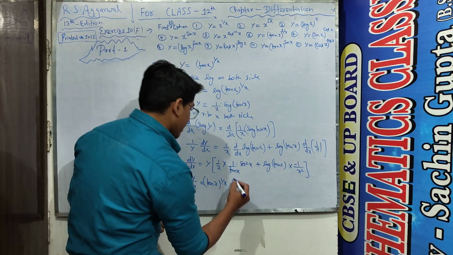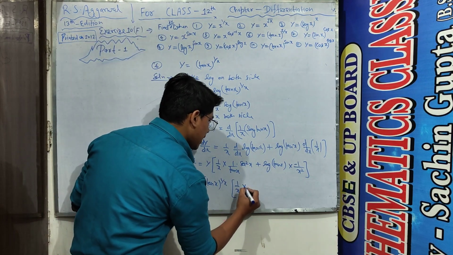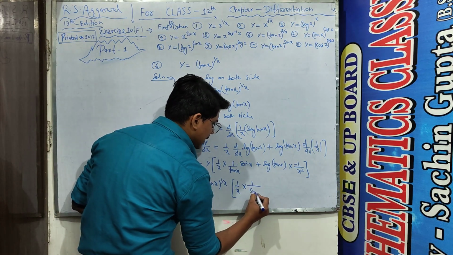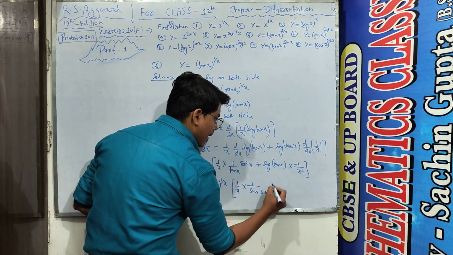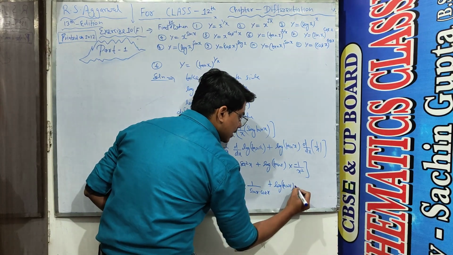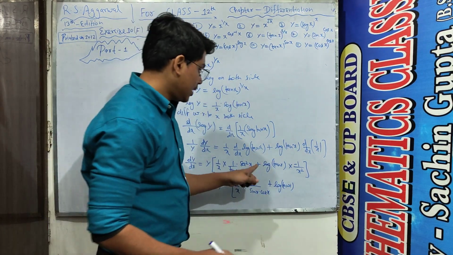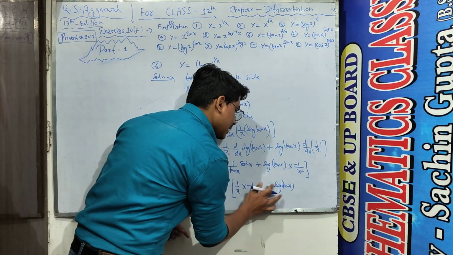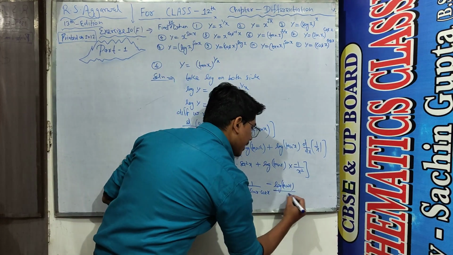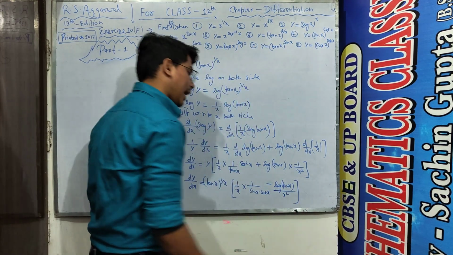So I write 1 upon x here, and here sine x into cos x, and this log tan x. One more thing, this plus and this minus become minus, so I write minus here, and 1 upon x square I write in the denominator of log tan x.